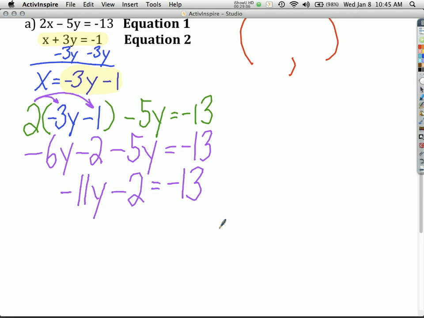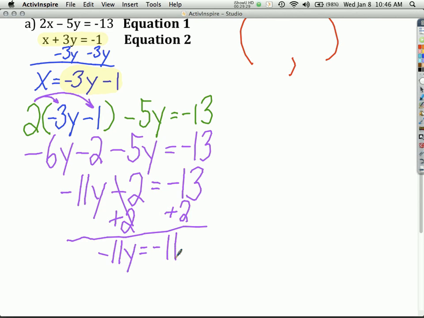How many steps do we have left to solve this, Kezekiah? 1? What's the one step? Oh, 2 steps. 2? Okay. Well, add 2 to both. Very good. Add 2 to both sides. Negative 11y equals negative 11.